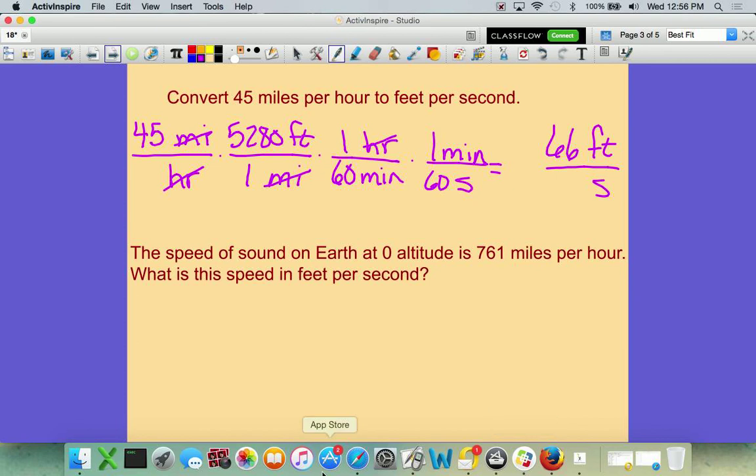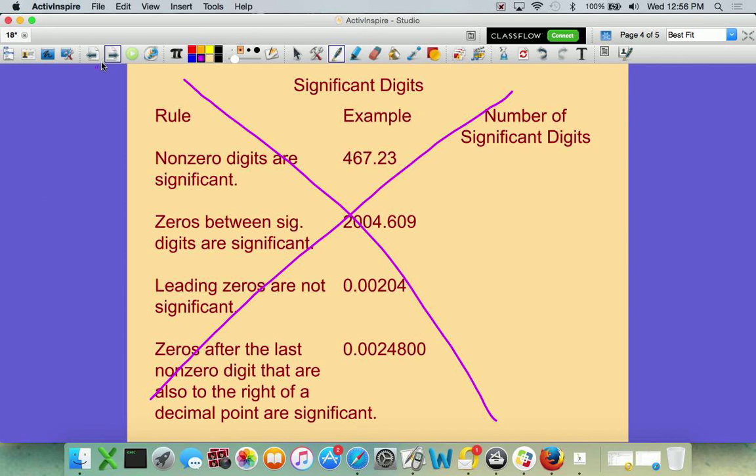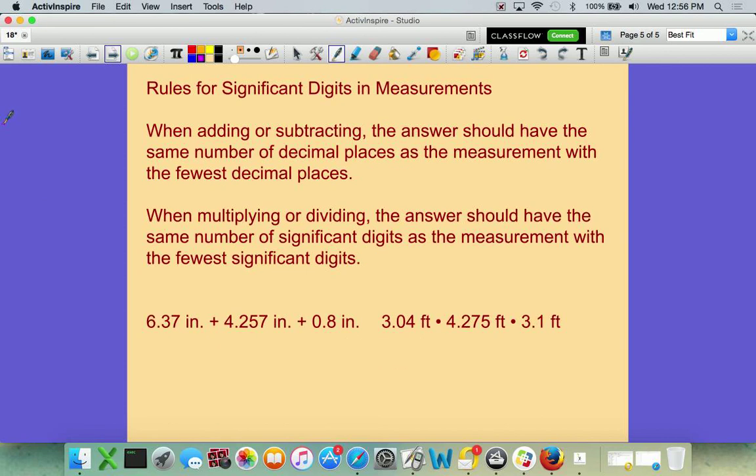Alright, next one we are doing the exact same thing, so I'm going to skip this on the video here. Significant digits. I don't know how Mr. Quislen is teaching this, but in my class, we're not going to do any of this. I would be much more interested in you finding me the exact answer.